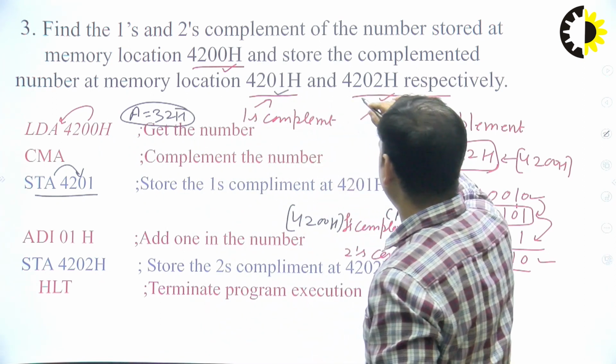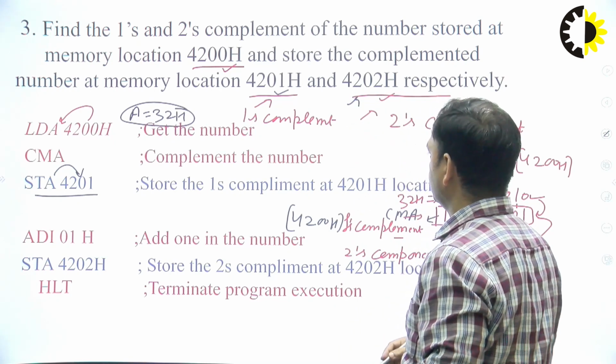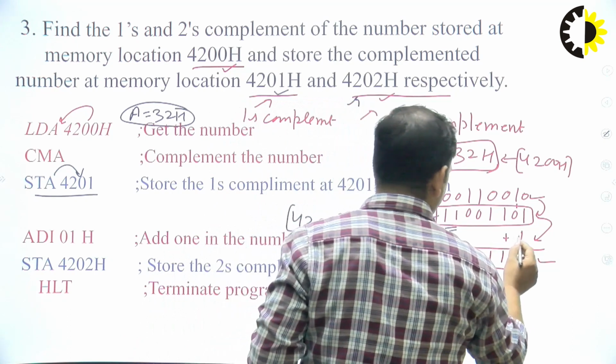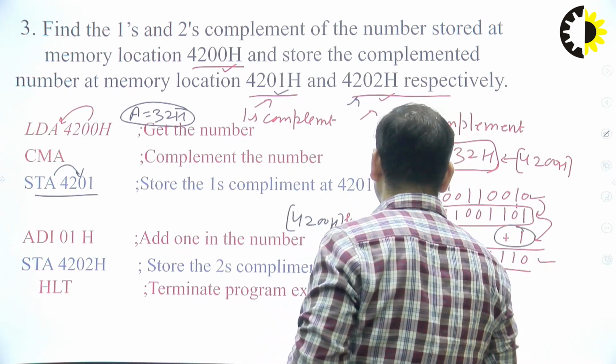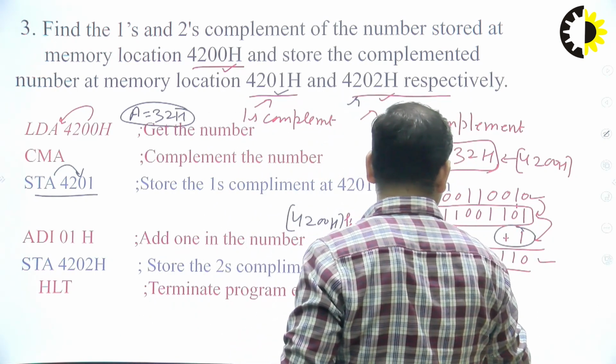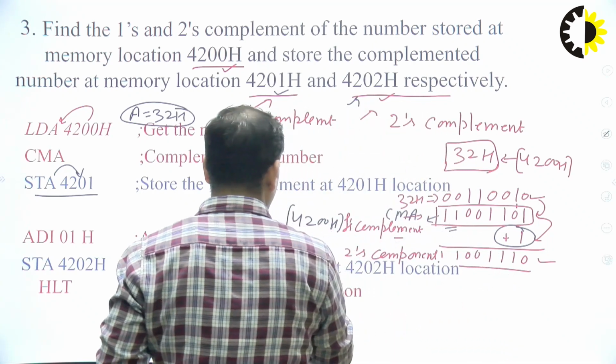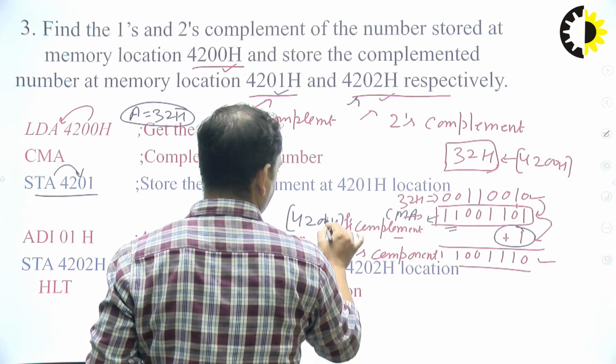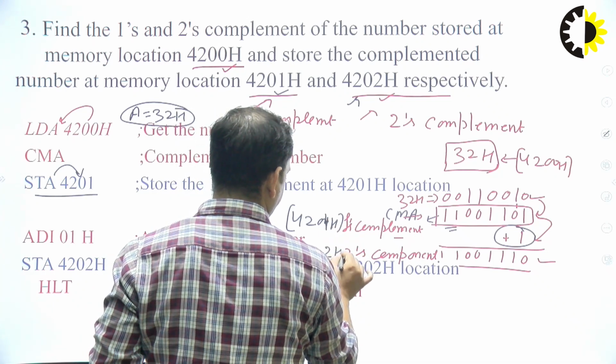Second is the 2's complement at location 4202. For that we simply have to add 1, and the result will be stored into the memory location 4202H.